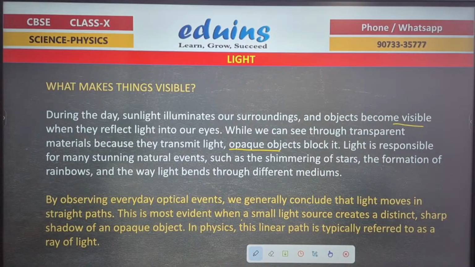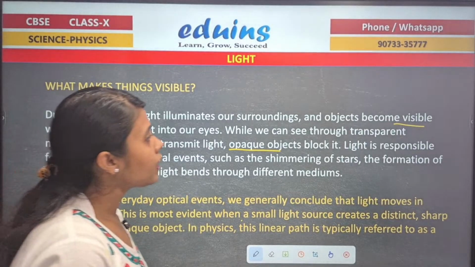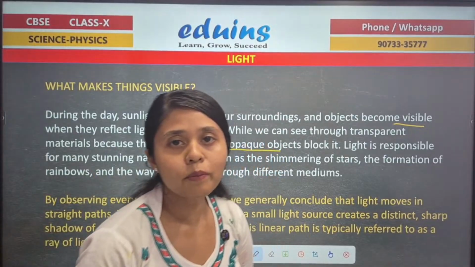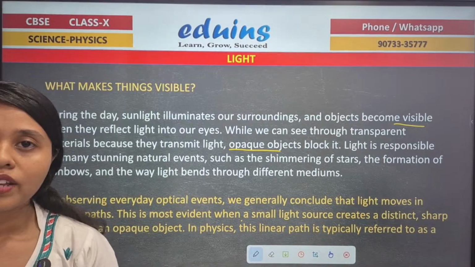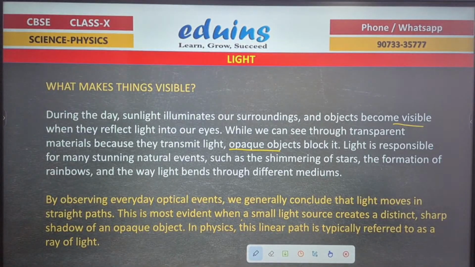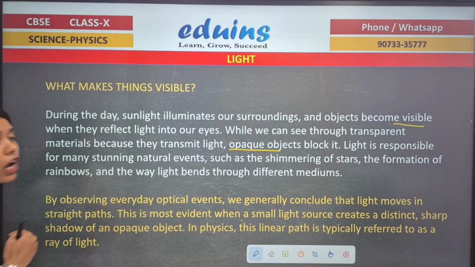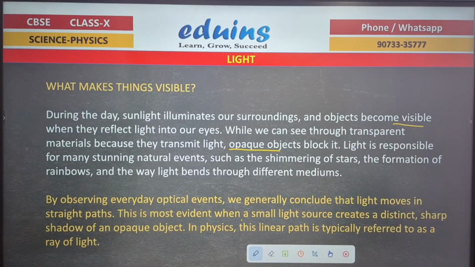Can you give some examples of opaque objects? Anyone from the comment section or anyone from you students? We know glass is transparent, but what is an example of an opaque object? Anyone?